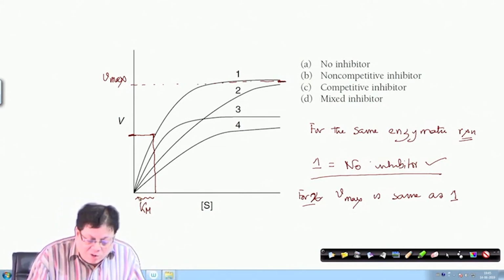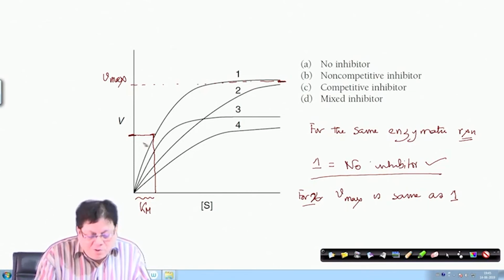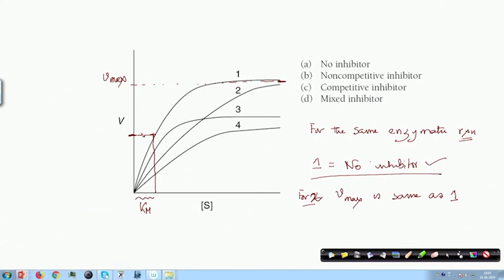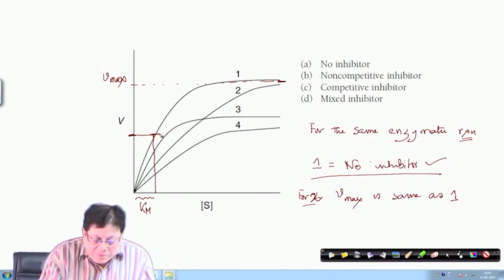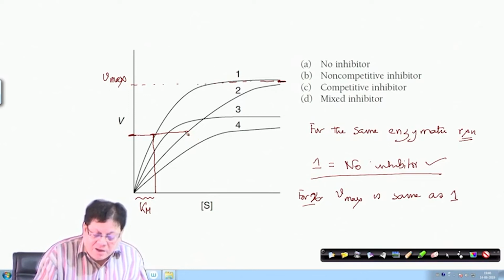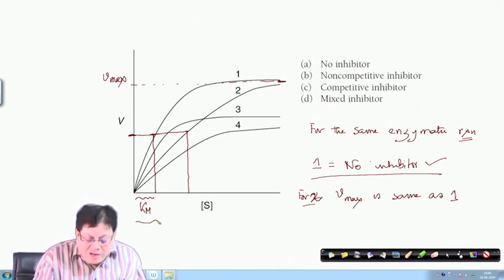Okay. So, if you consider the number 2 curve, the V max is the same, but what about the Km? Half V max is the same if the V max values are the same. So, now you have to extend this line up to 2. This is where the half V max line is cutting this graph, and now you draw a perpendicular to see the value of Km.